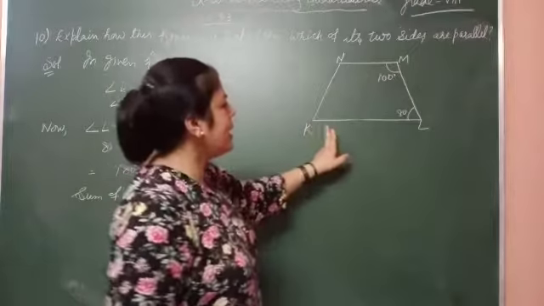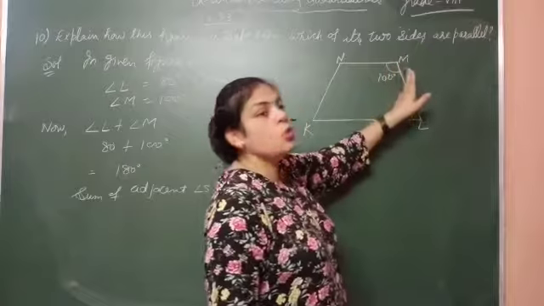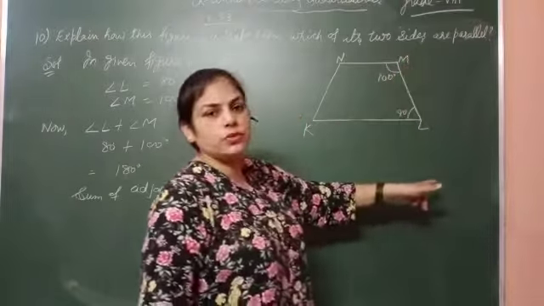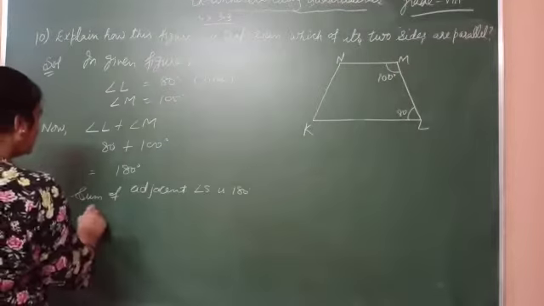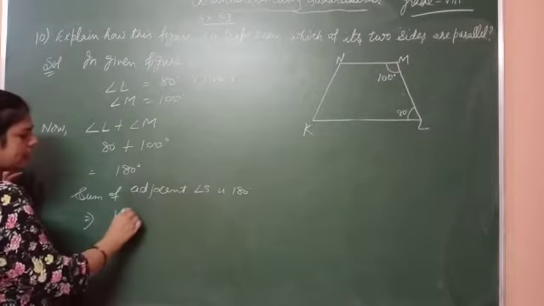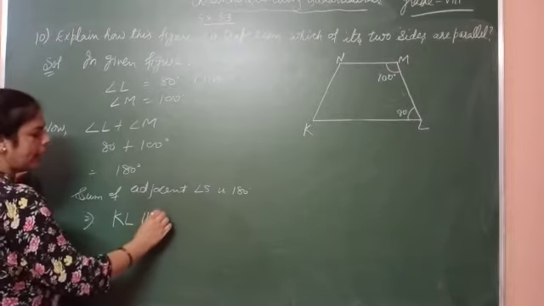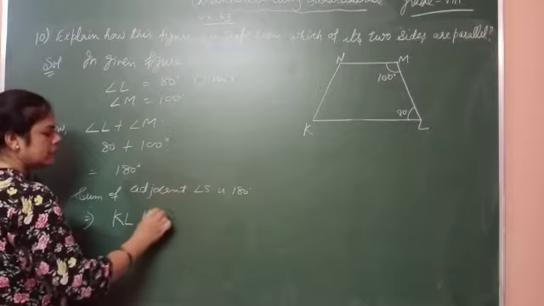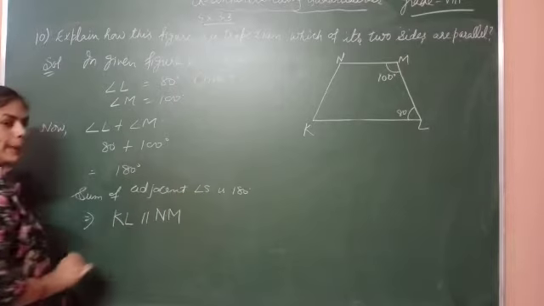So that means KL is parallel to NM and this is transversal ML. So this implies KL is parallel to NM. ये pair हमारा parallel हो गया.